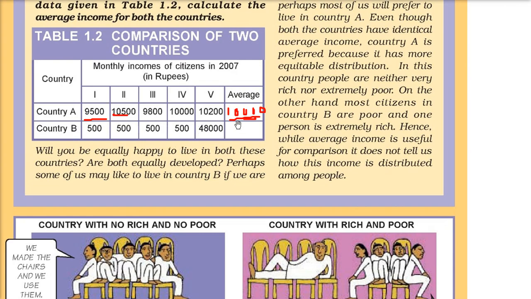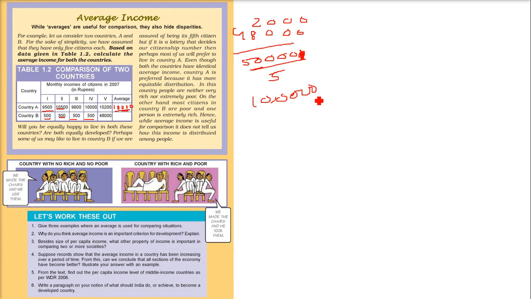So if you add all of these and divide by 5, that is 500 plus 500 plus 500 plus 500, so it will be around 2,000, and just add 48,000, it will be around 50,000. Divided by 5, it will be 10,000. So again, this 10,000 is coming.